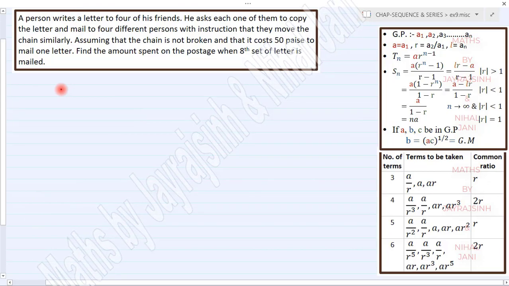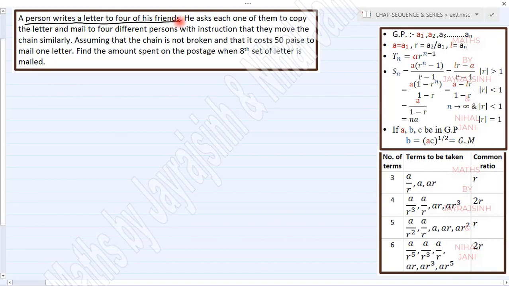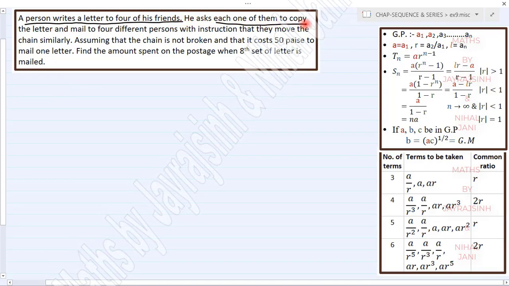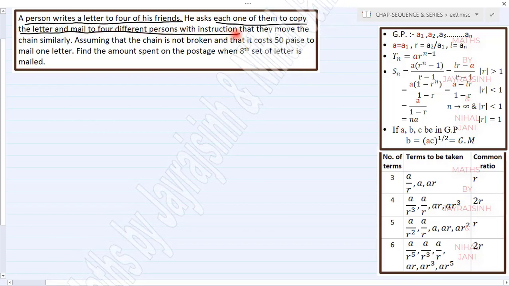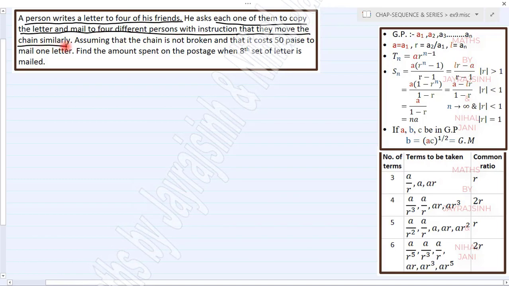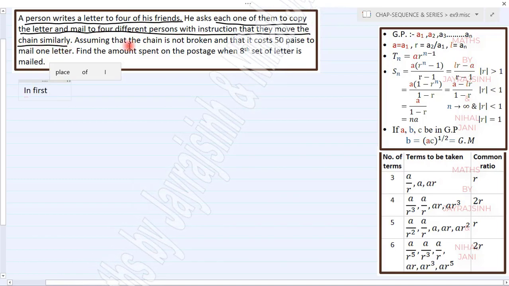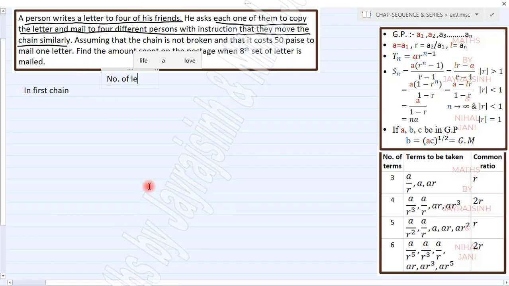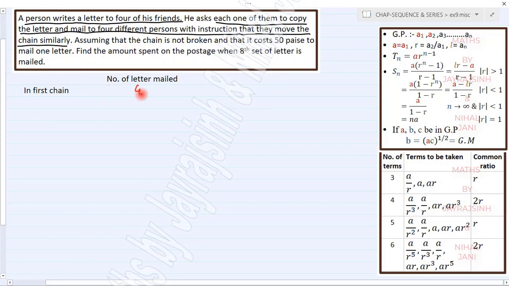In this problem, it is given that a person writes a letter to 4 of his friends, and he asks each one of them to copy the letter and mail it to 4 different persons with the instruction that they move the chain similarly. So we can say in the first chain, the number of letters mailed is 4.